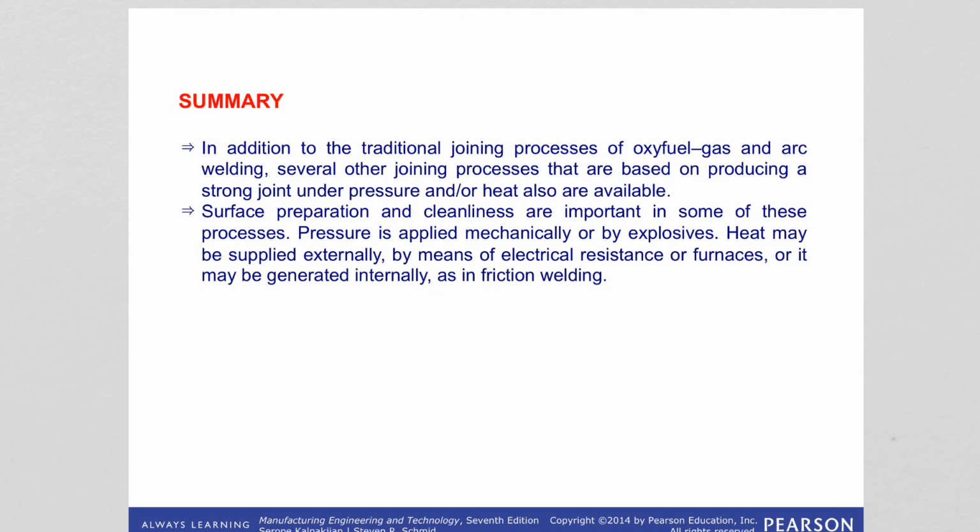We talked about different types of techniques, and we talked about how surface preparation and cleanness are especially important when it comes to solid state welding. Pressure can be applied mechanically or by explosives. Heat can be generated by electrical resistance or furnaces. It may be generated by friction, as in friction welding.